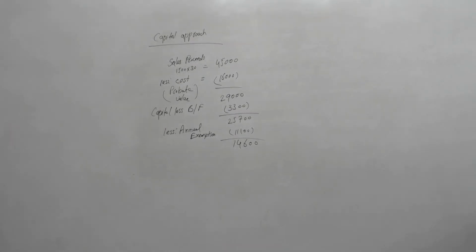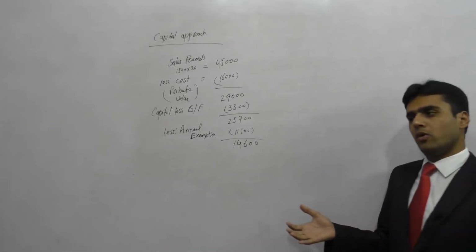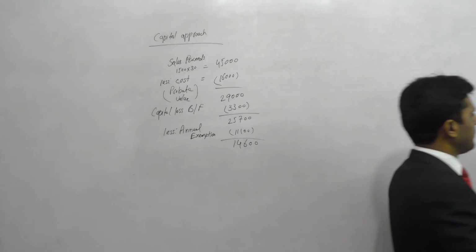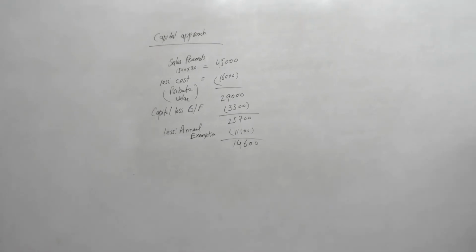Now one of the conditions of entrepreneur relief, if you remember from your notes, or actually let me tell you the page number as well so that you can see the notes. Just bear with me one second. If you could check page number 47 of your lecture notes, entrepreneur relief. It says entrepreneur relief is available on the gains of the following.